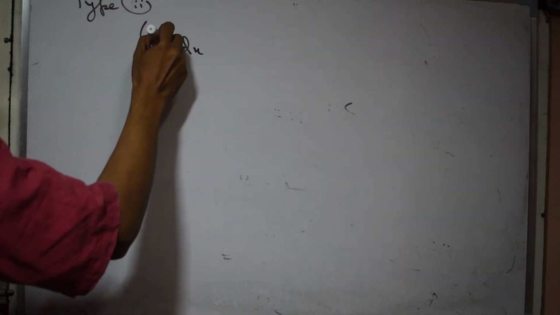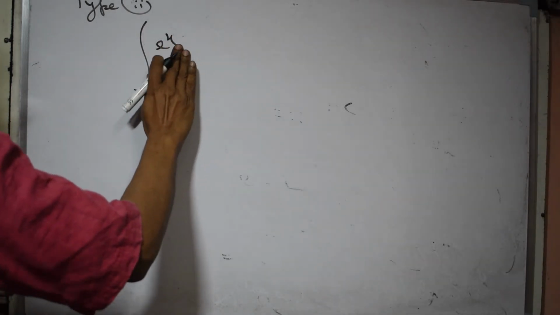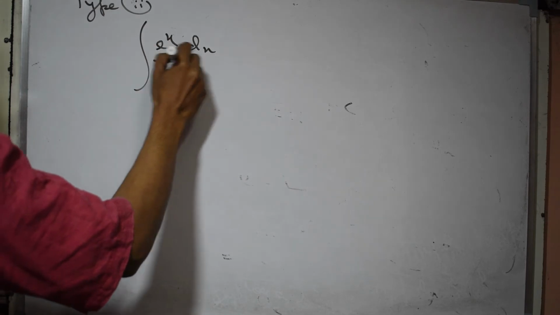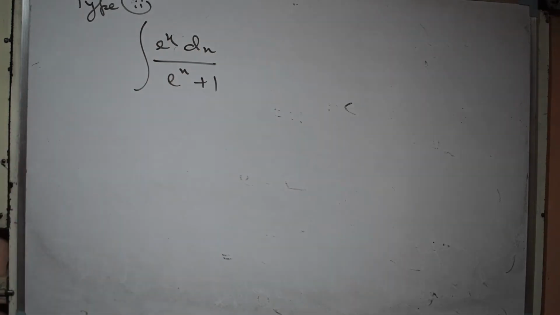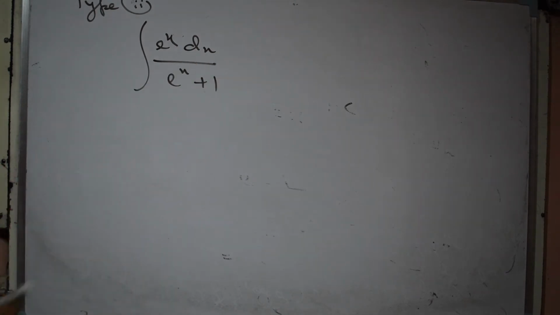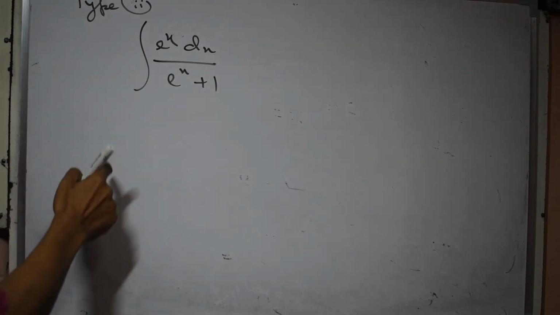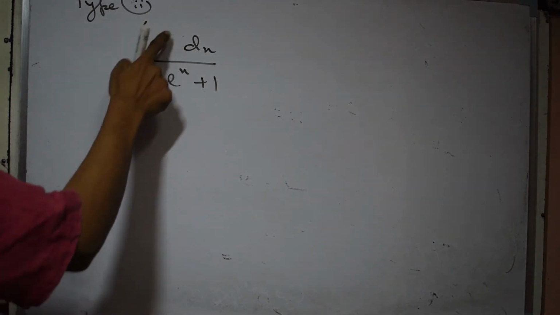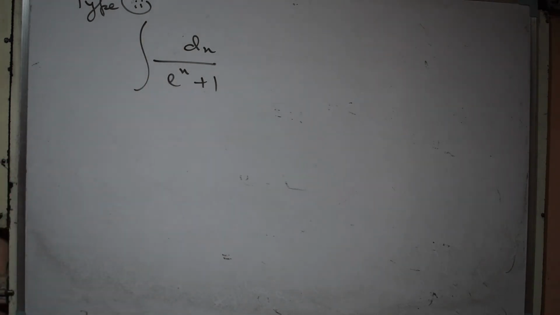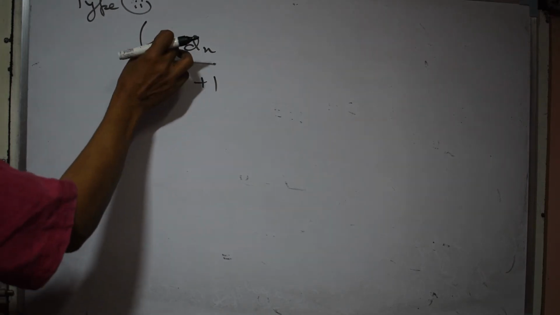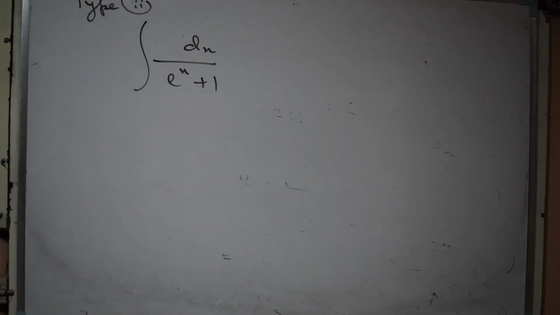If I have this question, e to the power x by this, then I can integrate. Why? Because we can take t, and we will get e to the power x dx, but this e to the power x is not there. Think about it. What is the problem? If this e to the power x is there, then we have the easiest part.